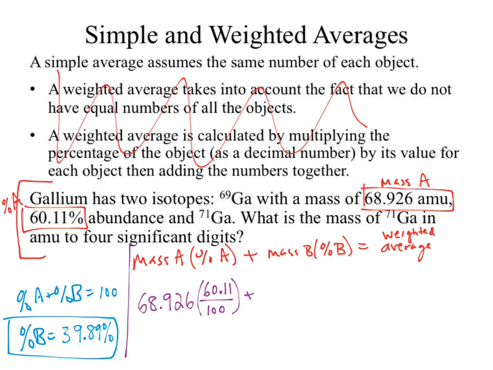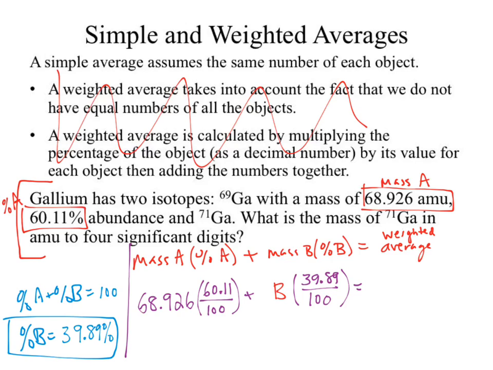Plus the mass of B. What is the mass of B? We don't know. That's actually what we're trying to solve for. If we knew that, it was an awful lot of work, we could have just written down the answer. Do we know the percent of B? Yeah, we just calculated that to be 39.89 over 100. And then this must equal our weighted average.